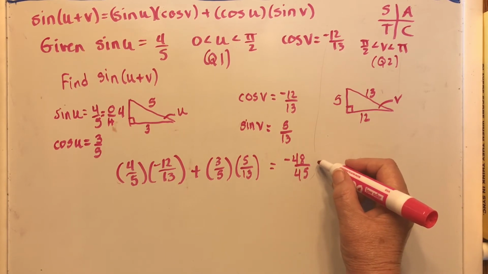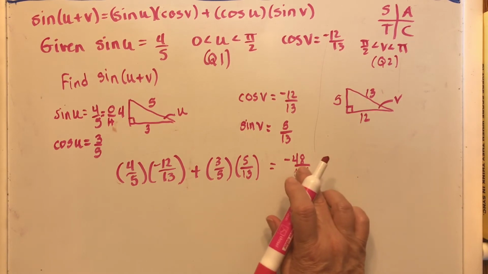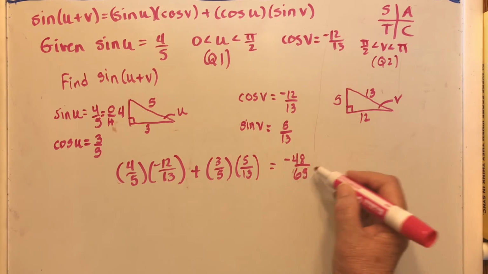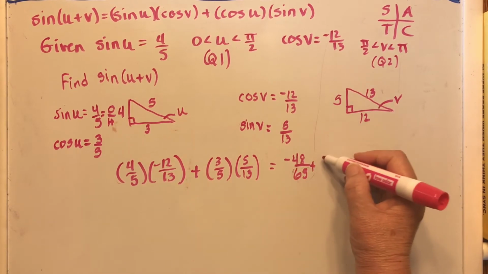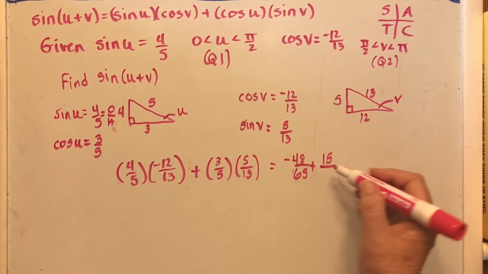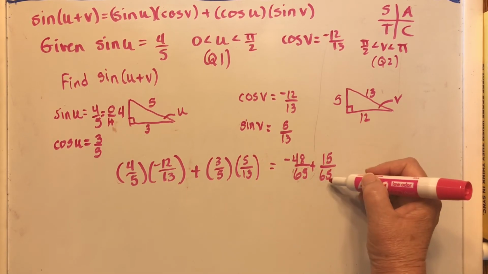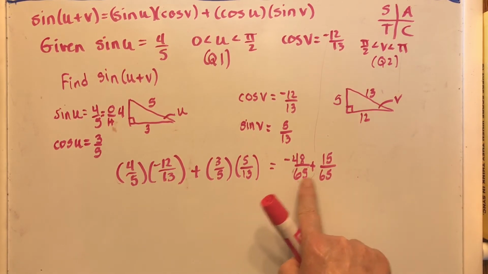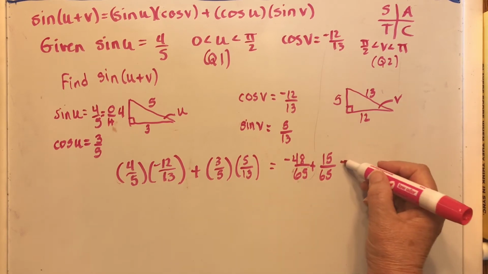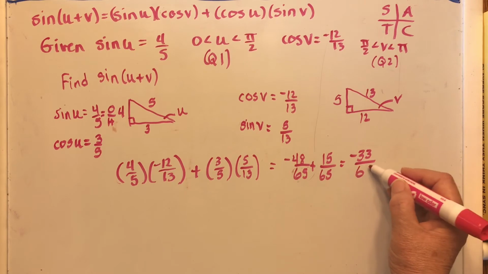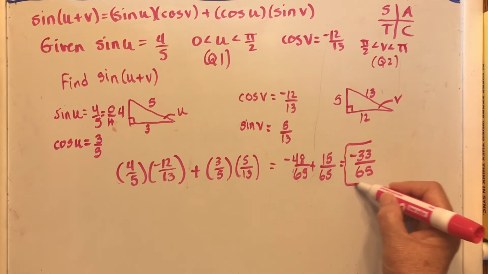Right? Nope, 65. Helps if Miss Nelson can multiply. Much better. Plus, and then 3 times 5, that's going to be 15 over 65. So yes, I could have canceled some here, but now since I didn't, I already have a common denominator, and this ends up equaling negative 33 over 65. And that is our final answer.